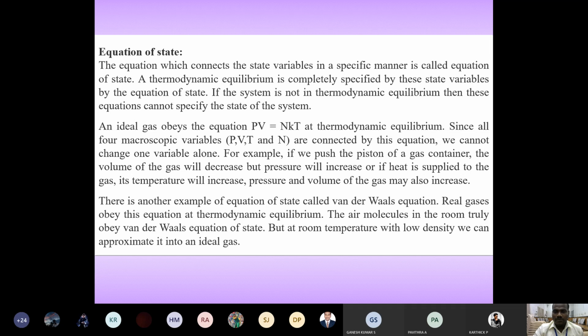The air molecules in the room truly obey the van der Waals equation of state, but at room temperature with low density, we can approximate it as an ideal gas. So just know what the equation of state is. For an ideal gas, the equation of state is PV = NkT. Each and every state has its own equation of state.